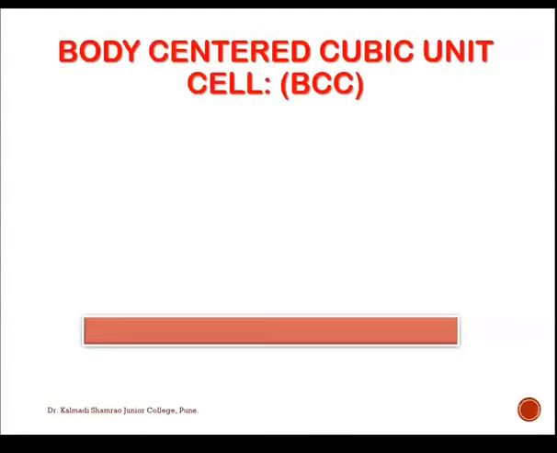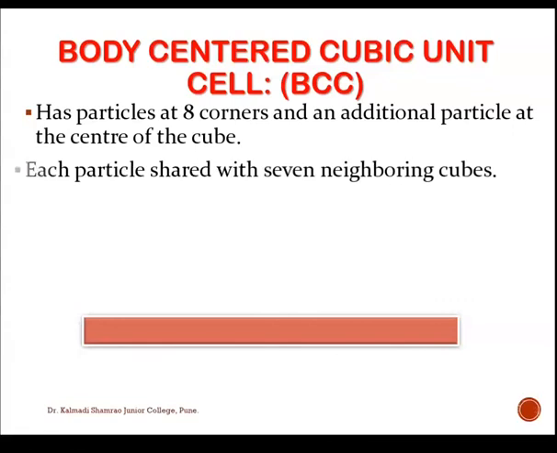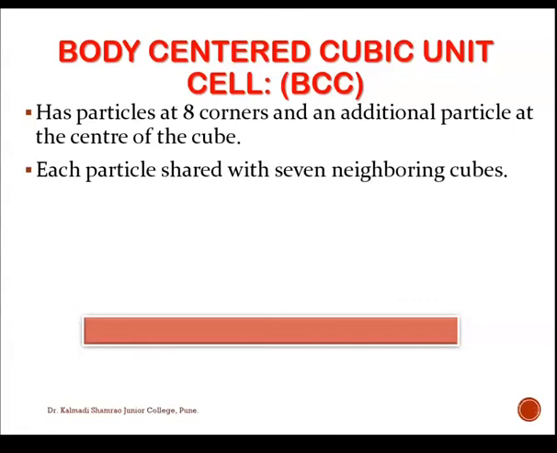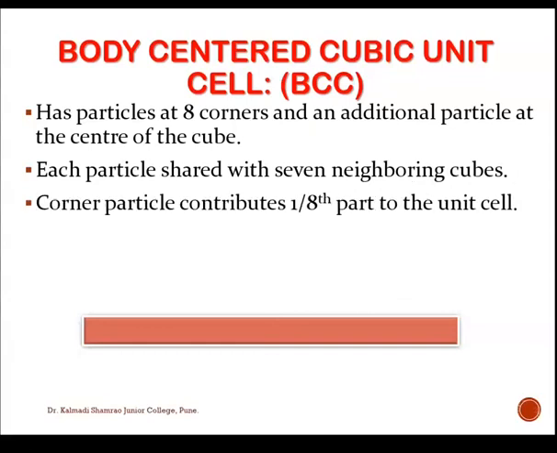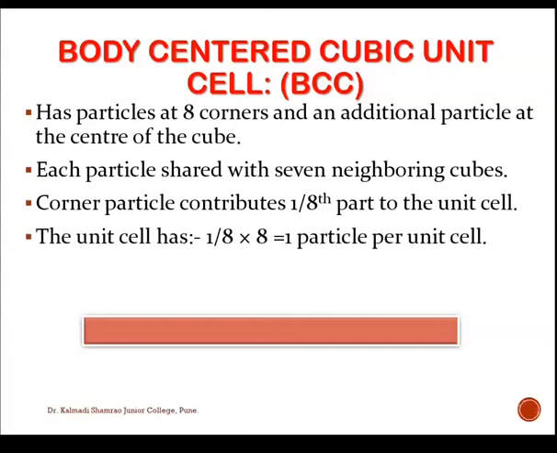Next is body-centered cubic unit cell. It has particles at the 8 corners and an additional particle at the center of the cube. Each corner particle is shared with the 7 neighboring cubes and contributes 1/8 part to the unit cell. The unit cell has 1/8 into 8 is equal to 1 particle per unit cell from the corners.